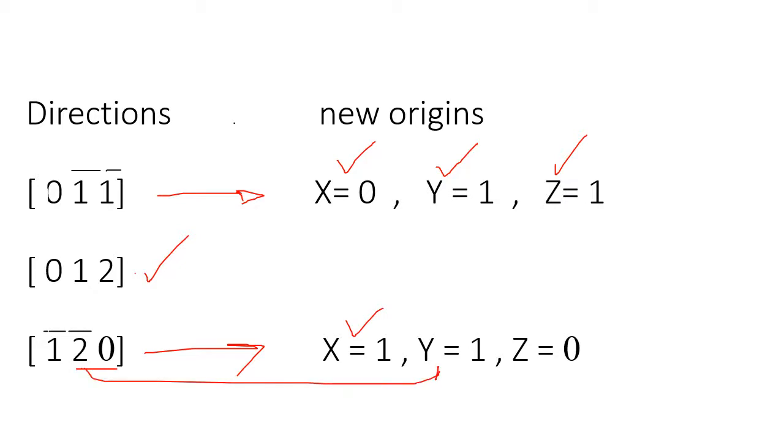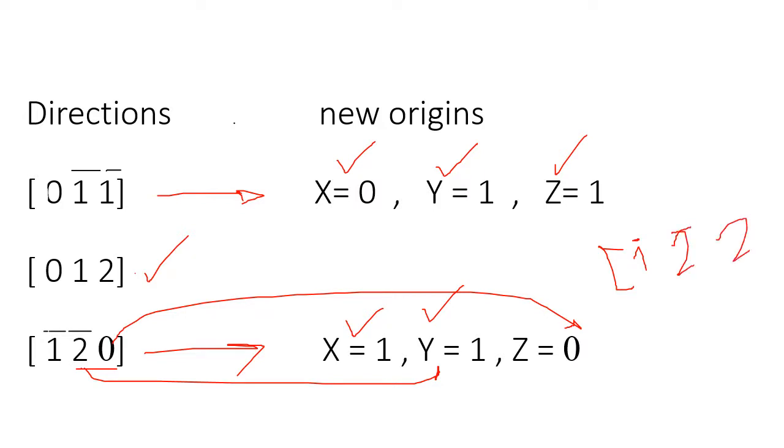Y is going equal to 1 for our new origin, and Z is itself 0. But I want to say that if you have this direction, for example 1 bar, 2 bar, and 2, how is our new origin going to be?